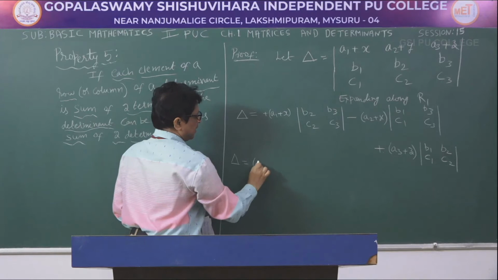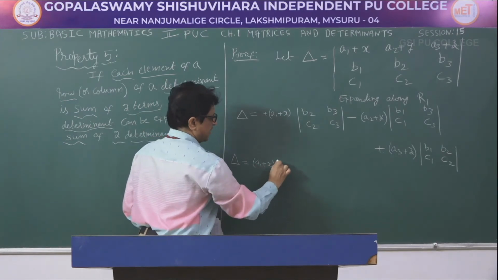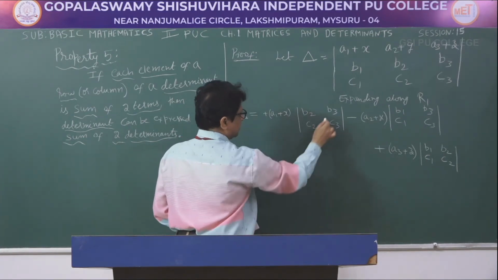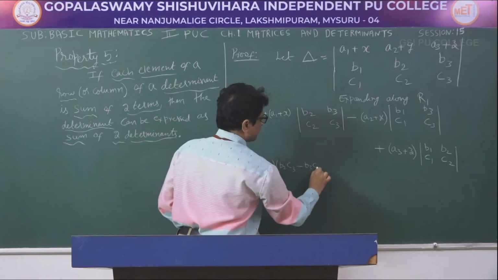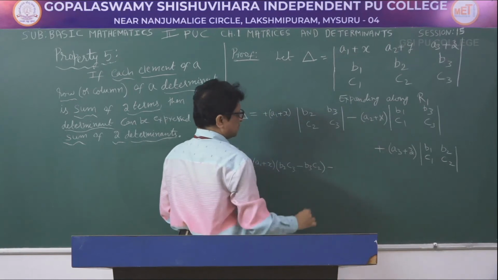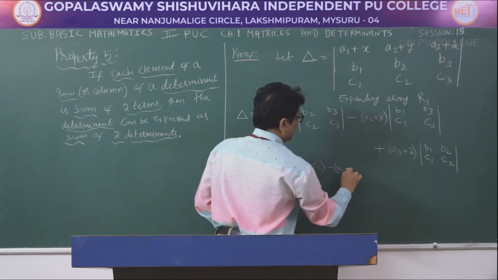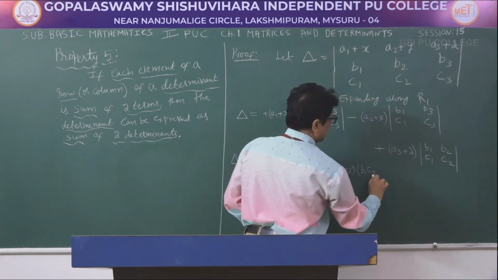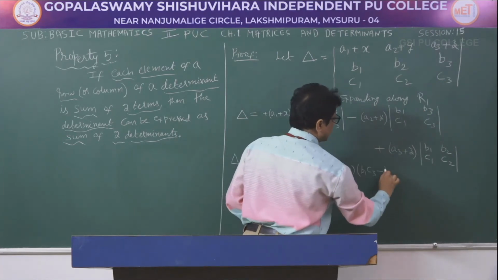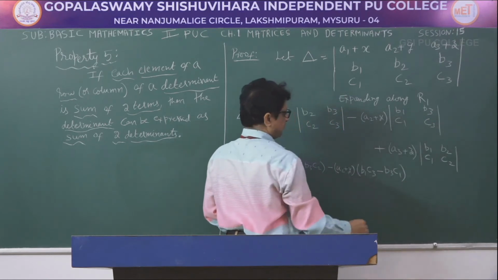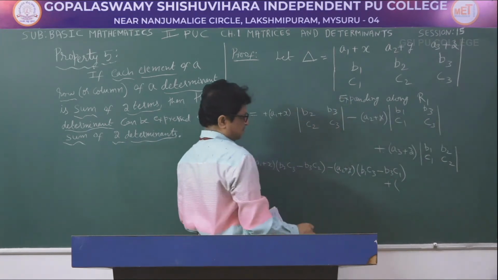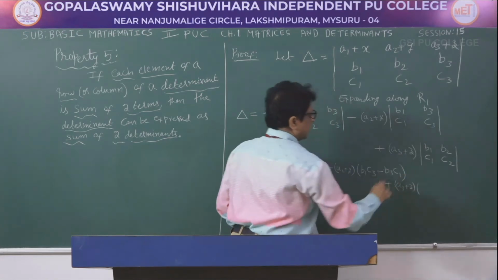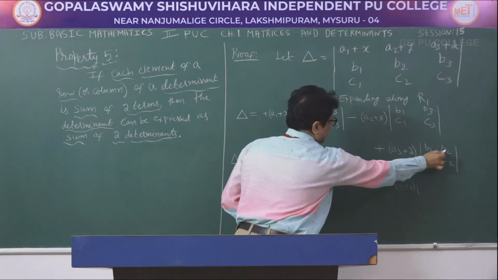Delta is equal to a1 plus x into b2 c3 minus b3 c2, minus a2 plus y into b1 c3 minus b3 c1, plus a3 plus z into b1 c2 minus b2 c1.